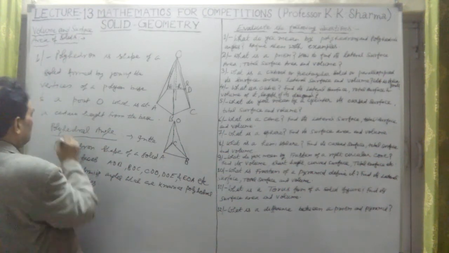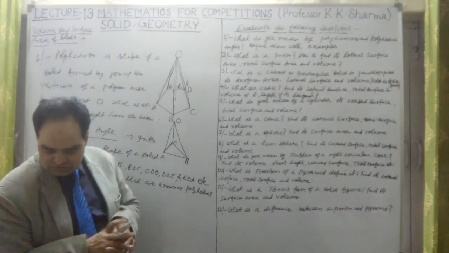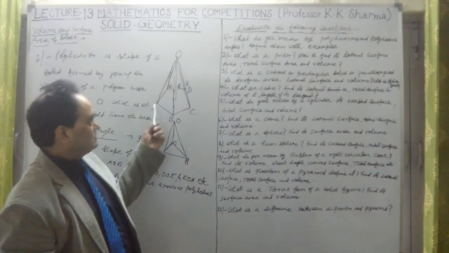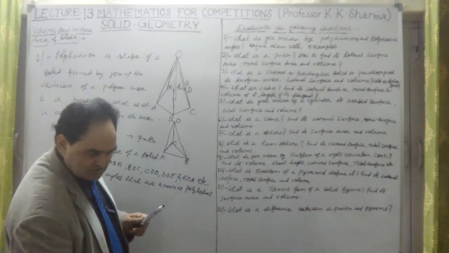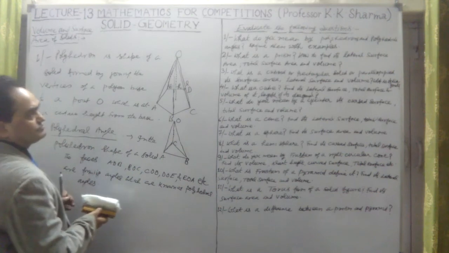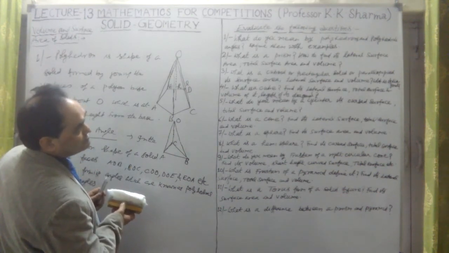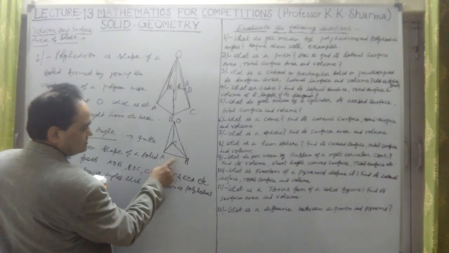So this is one of the points here. Polyhedral angles. So this is tetrahedral, where the triangle is the base; this is a pentagon. The base may be a quadrilateral. So these are known as polyhedral shapes, polyhedrons. What are the polyhedrons? If the base is a triangle, then it is a tetrahedron.